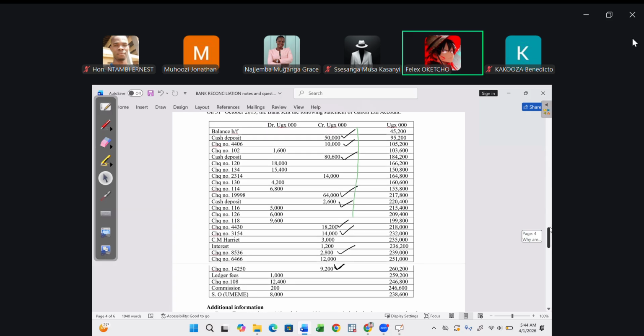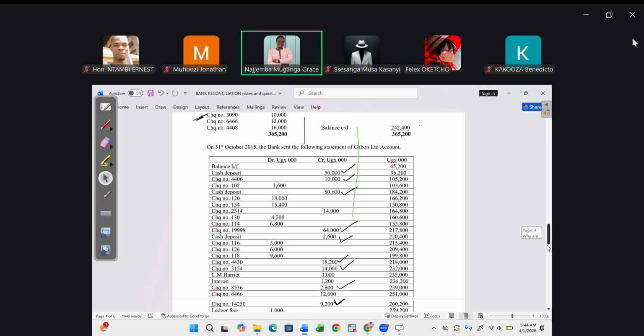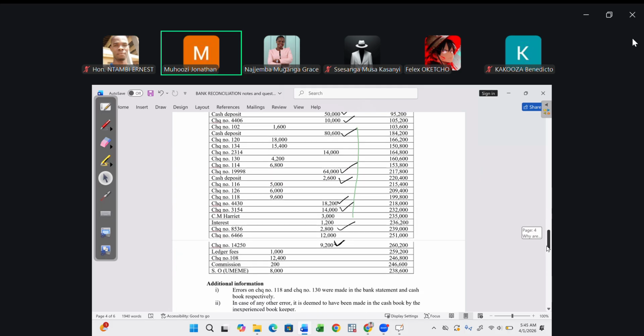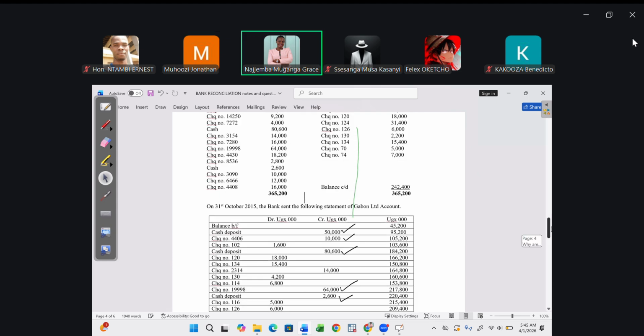Madam, 12,000. It is there. Check number 6466, 12,000. It's there. I'm looking for 3090. Oh, it's not there. Okay, then 6466, it is there on the credit side. 12,000. Yes, 12,000 on the credit.